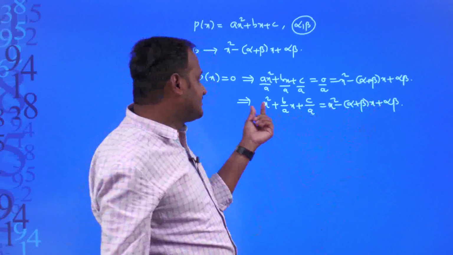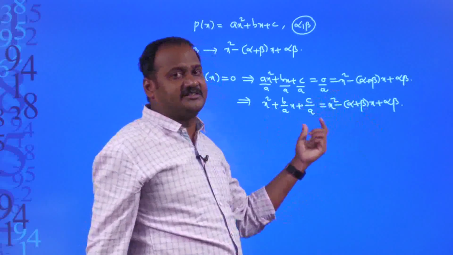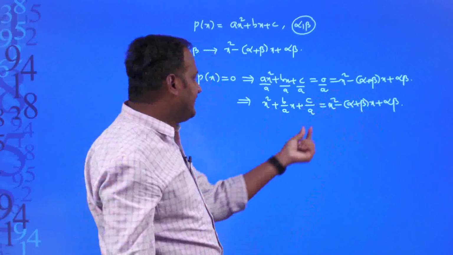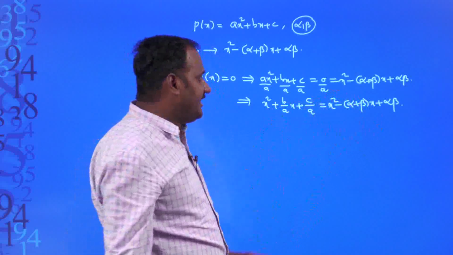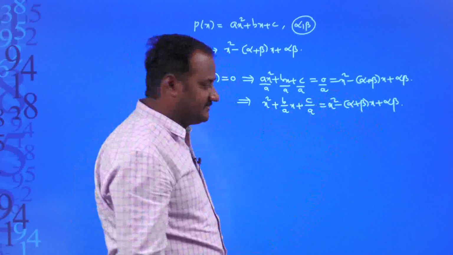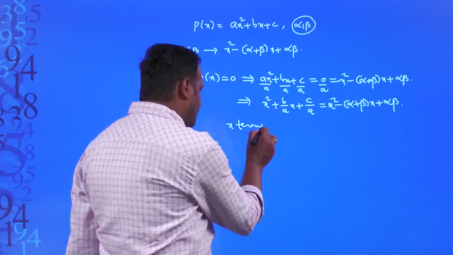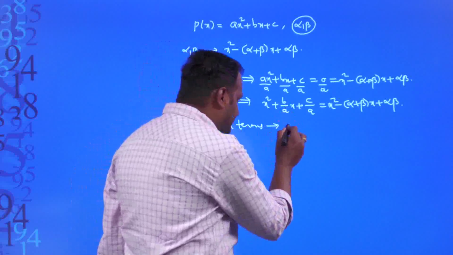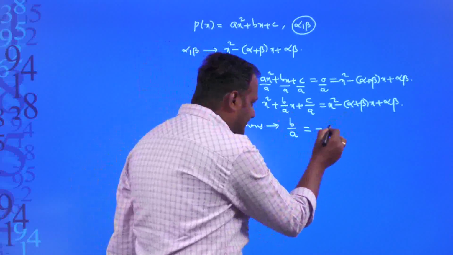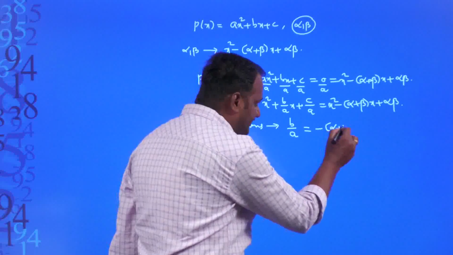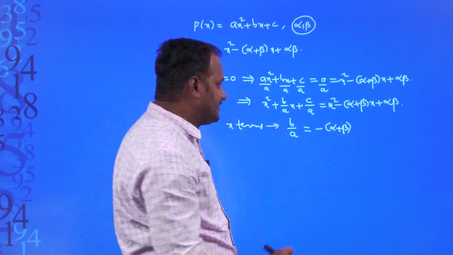Corresponding terms means x square term is equal to x square term, x term is equal to x term, constant is equal to constant. Here x square is equal to x square, they are the same already, and now comparing x term to x term. Here the x term is b by a, and here the x term is minus of alpha plus beta. So b by a is equal to minus of alpha plus beta.